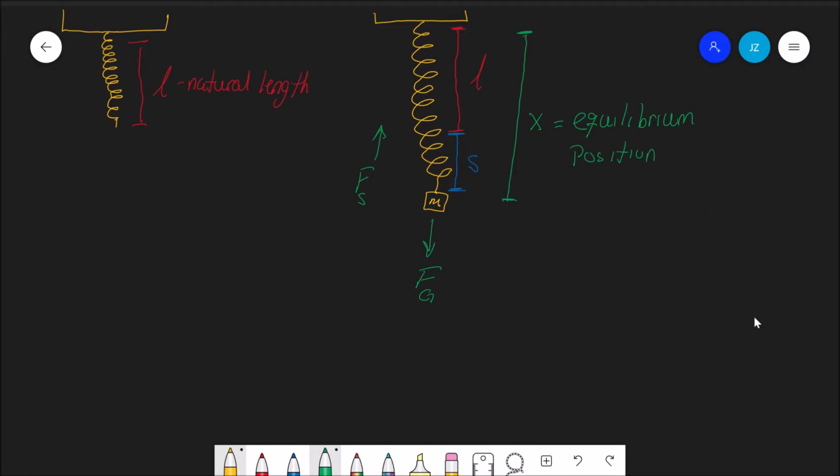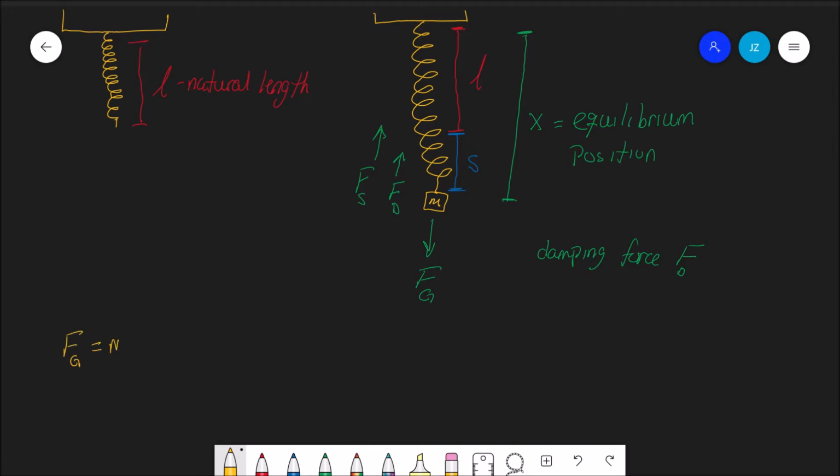Now we also are going to have a damping force, call it F D. Now the damping force also acts in the opposite direction of motion.